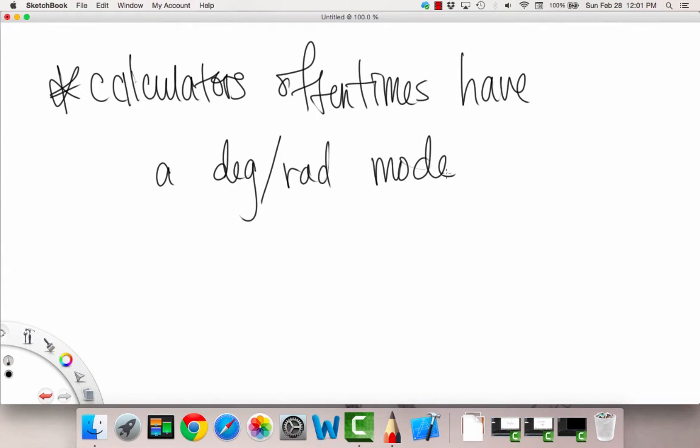You can switch your calculations, so be careful. Sometimes, just because of this mode, you can be confused when you type in cosine 30 and get some random weird answer. If you meant 30 degrees and it was on radians, then you're definitely going to get a different answer. Okay, so just be careful with that. Make sure you're on the right mode for the units that you're working with.